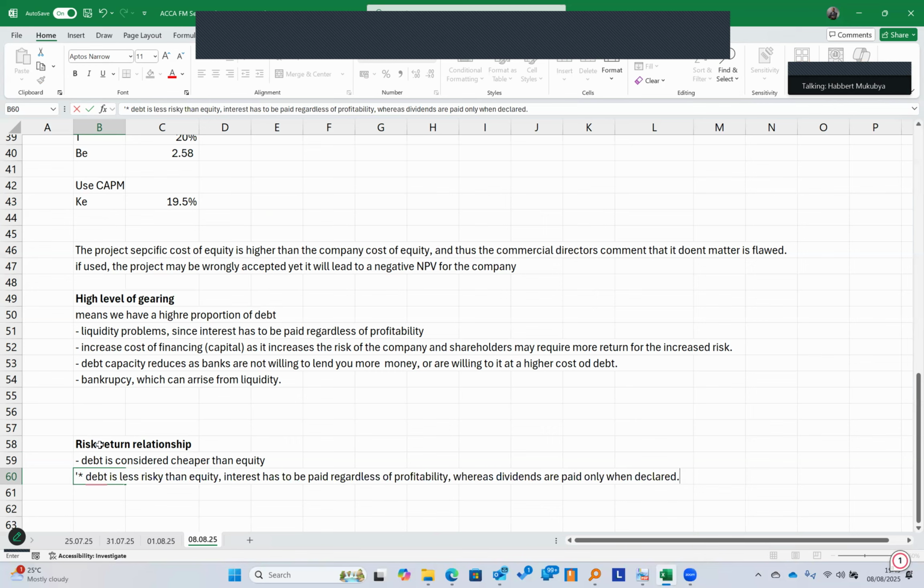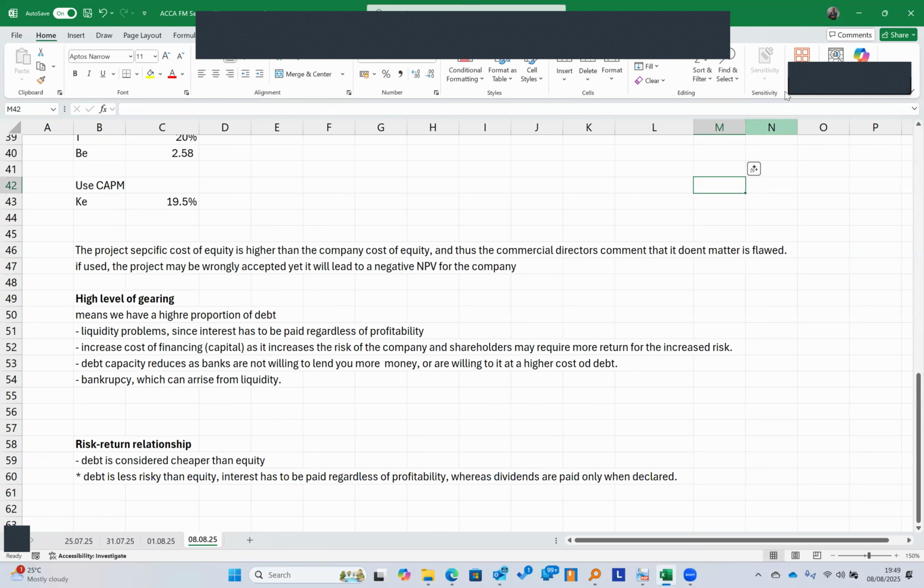With equity, you can tell your shareholders, okay, I'm not going to give you dividends this year, probably because I'm trying to invest my money, and they could understand it and not give you trouble. Whereas for debt, the debt holders get their interest regardless of your standing. So that makes debt cheaper.